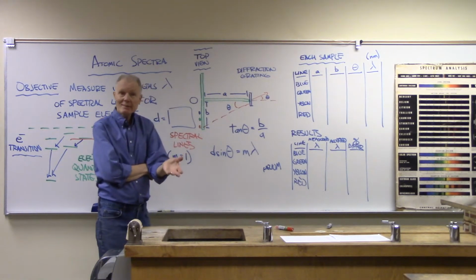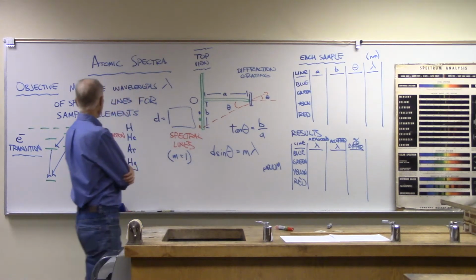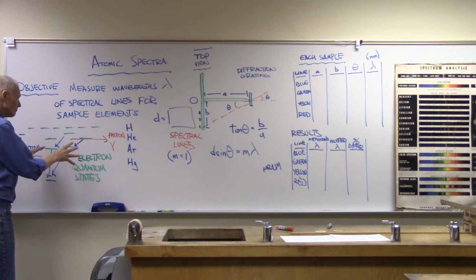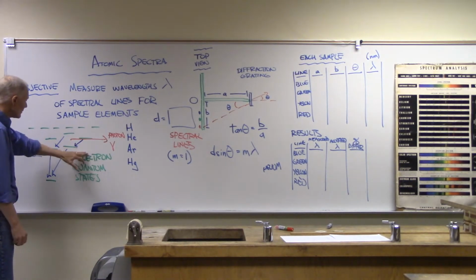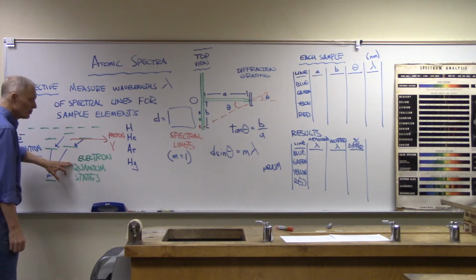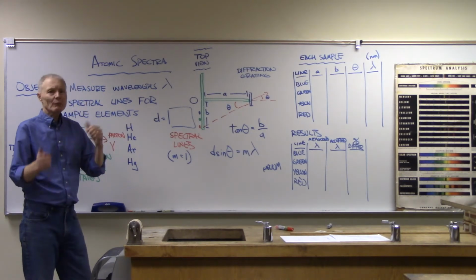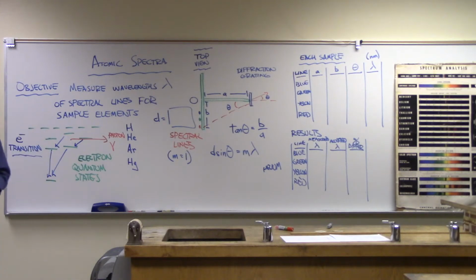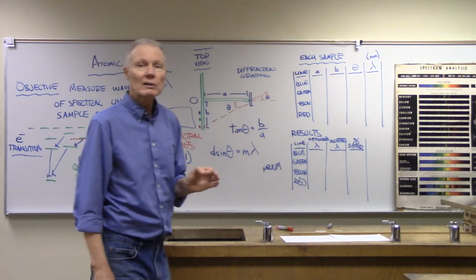In any case, that's the story here. Think about what we're actually measuring. We're looking at differences of energy between the quantum states. Again, referring back to what we've been talking about in class, hydrogen is simple enough. Hydrogen just has 1 electron.